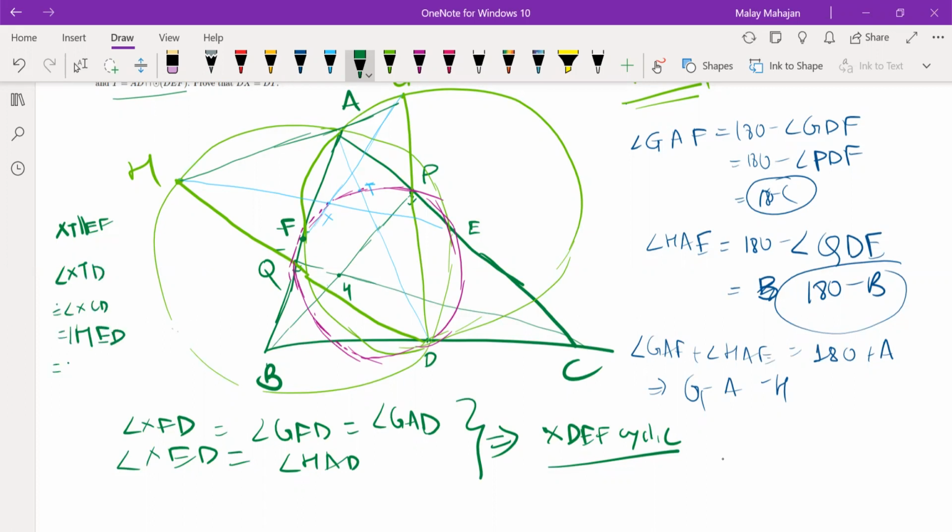Wait, just a second. HED is HAD. Yeah. So if we want XT to be parallel to PQ, the angle between lines AD and PQ should also be HAD.